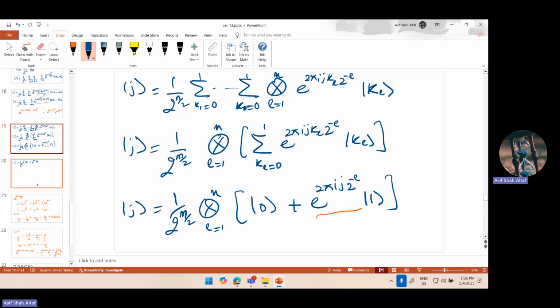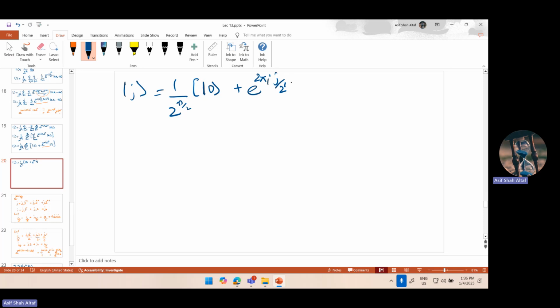So it will be this one, and then you have 1. The second product term will be e to the power 2 pi i j by 2 squared, and then you have 1, and so on up to n.